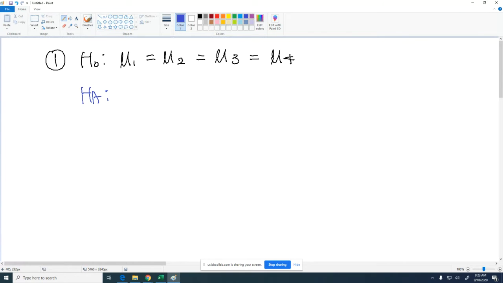For any kind of null hypothesis, we just state the alternative one simply as not H0. Because it is the alternative one, it's the other one, it's not H0.